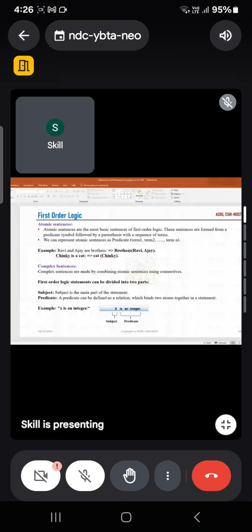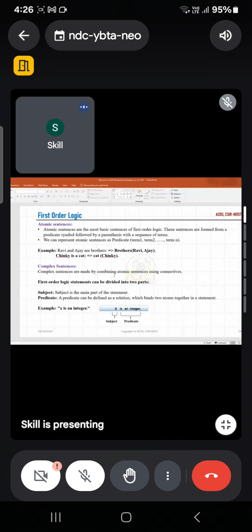So we are taking one example. Ravi and Ajay are brothers. So here the predicate will be brothers, and in brackets we will write Ravi, comma Ajay. Similarly, Chinky is a cat. So cat we will write as a predicate, and in brackets we will write the name Chinky. So this is a very simplistic way how we can explain in first order logic.